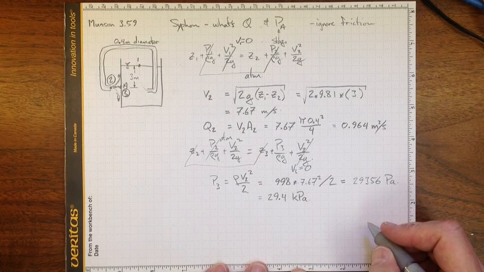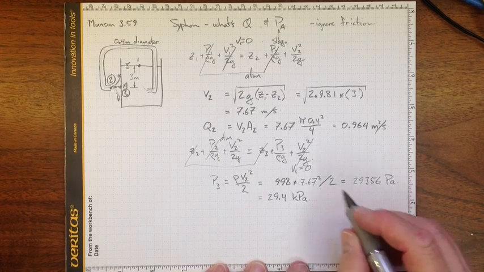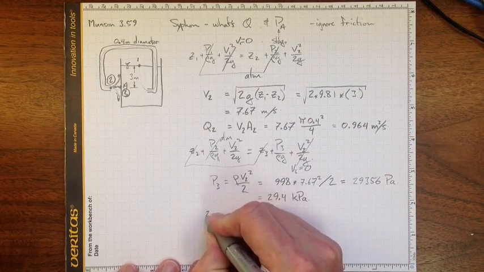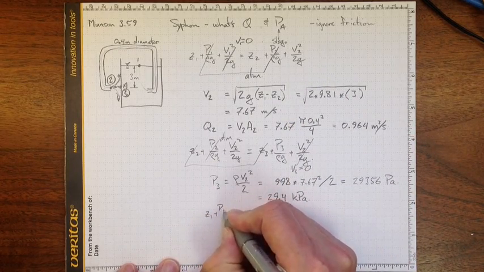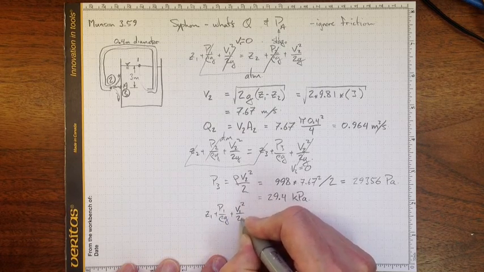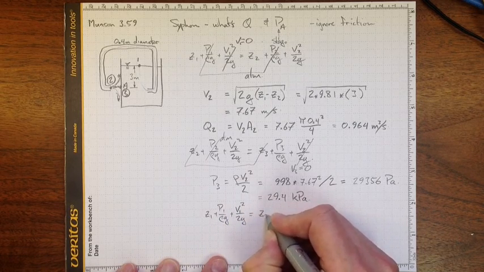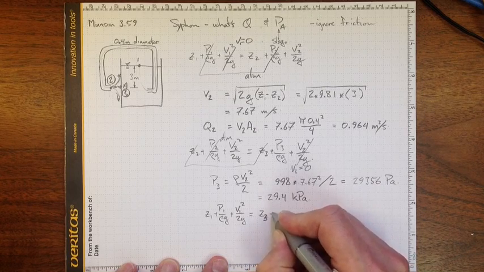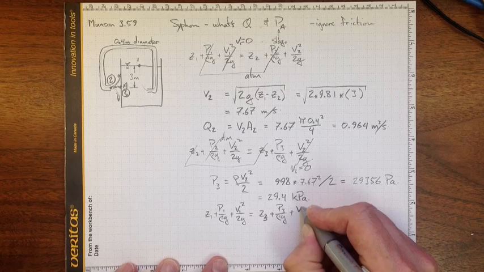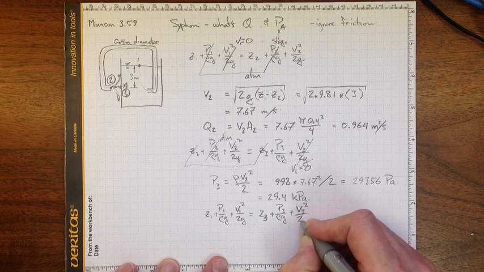Now let's see if we get the same answer if we went straight from point 1 to point 3. Z1 plus P1 over rho g plus V1 squared over 2g equal to Z3 plus P3 over rho g plus V3 squared over 2g.